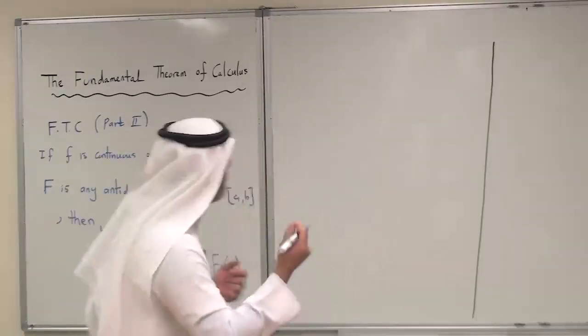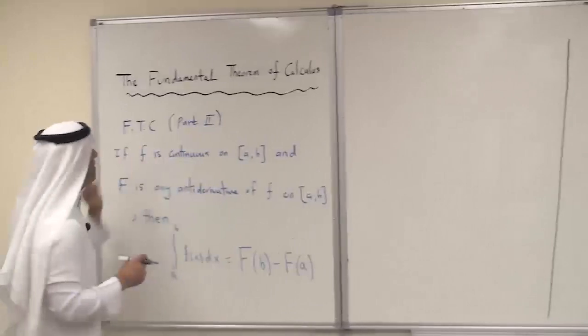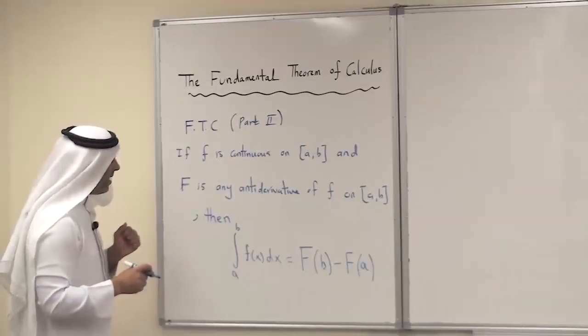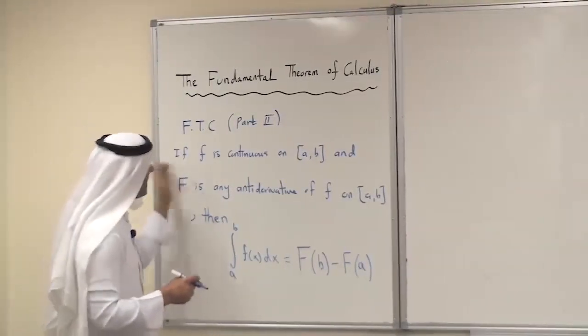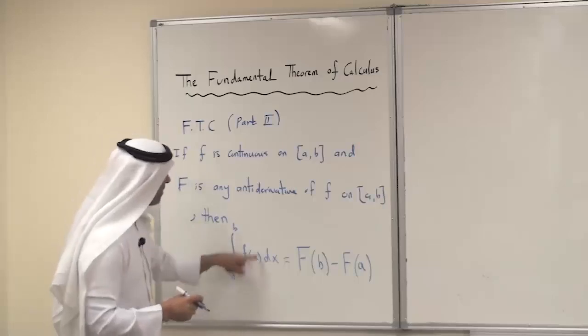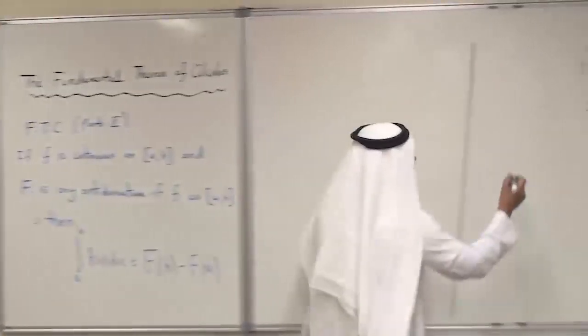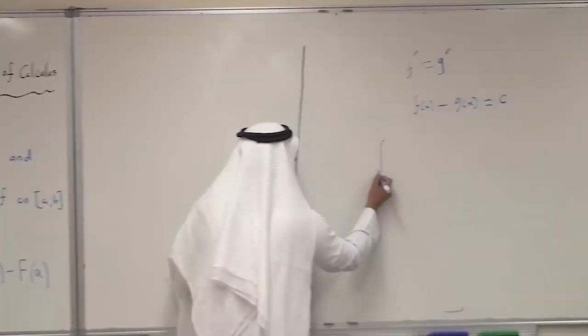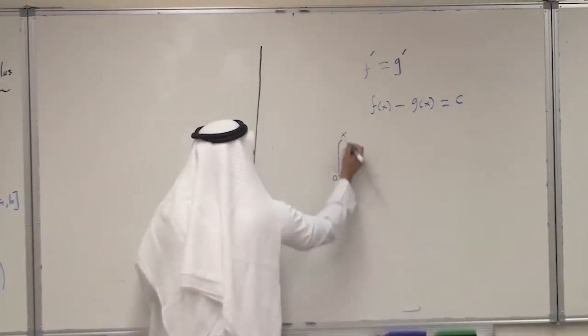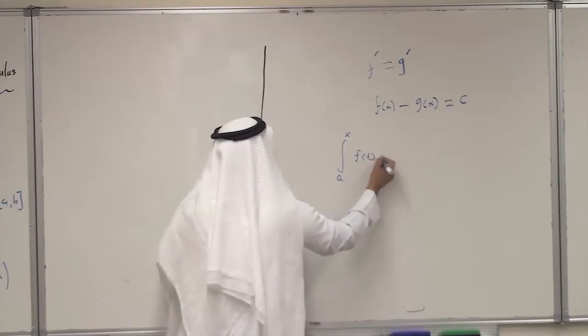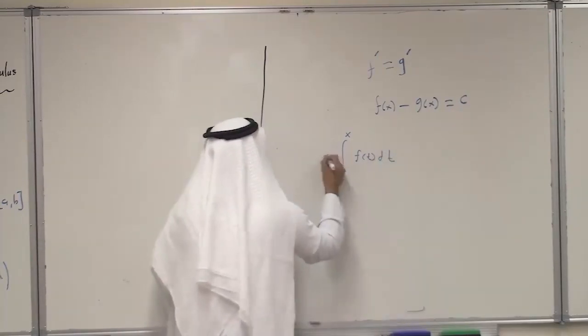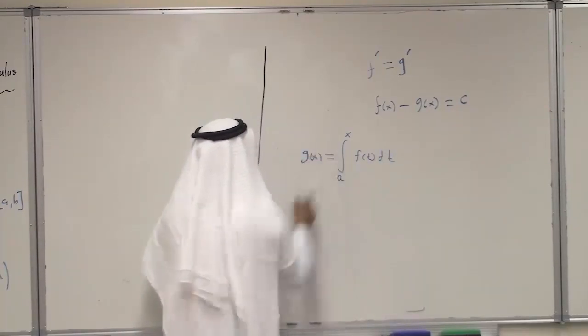Now, one point we have from part 1 of the theorem. It said here, you need to find any antiderivative of this small function f of x. But we know one of them now. We have the integral from a to x of f of t dt, this nice definition we did for a function called g of x.